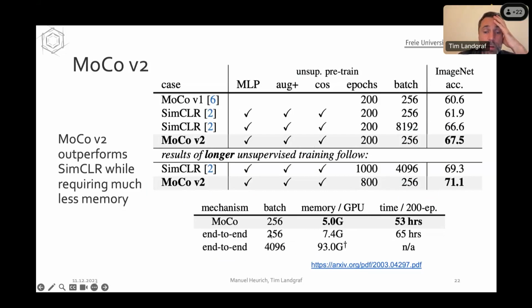And remember, SimCLR needs 4K or 8K, and that leads to a memory requirement that they estimate to be in the range of 90 to 100 gigs of VRAM, of GPU RAM, which is something that, at least in my group, we don't have yet. But performance-wise, SimCLR is clearly outperformed with even smaller batches and shorter training durations.